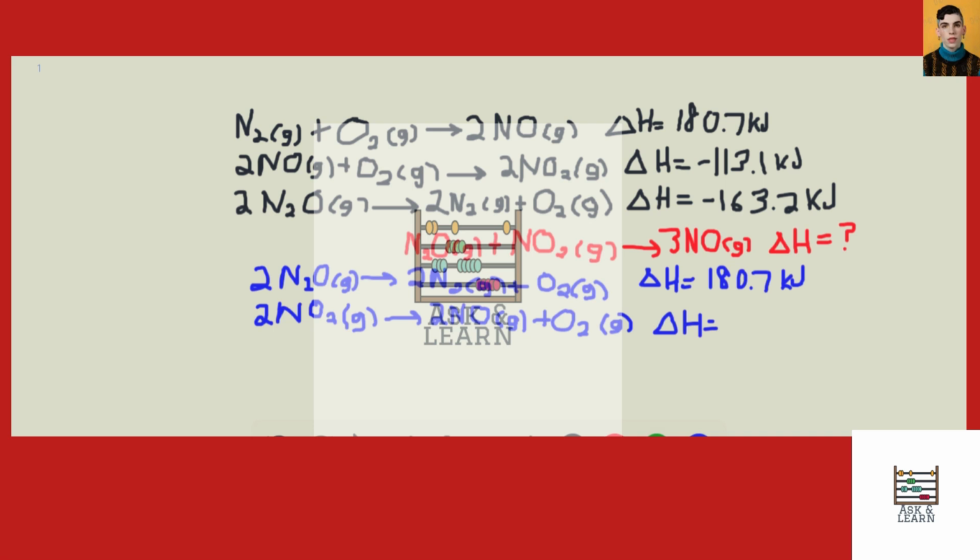When we flip the equation, we also have to flip the sign of delta H, so delta H is not going to be negative 113.1 kilojoules, it's going to be positive 113.1 kilojoules.